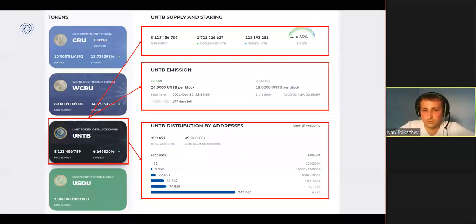And this is a great period to mine your UNTB. As you see below, the UNTB distribution by addresses. In every account, there are these tokens available, as this token is needed to support the operation of the wallets. Next slide, please.